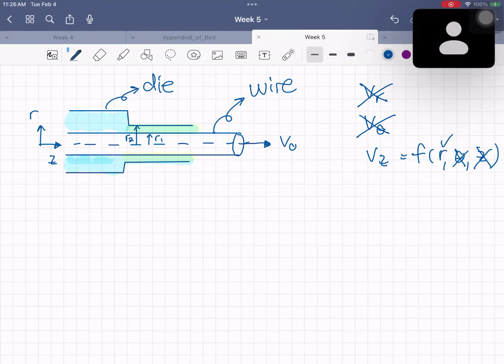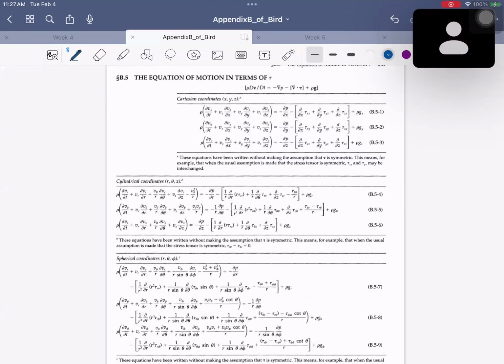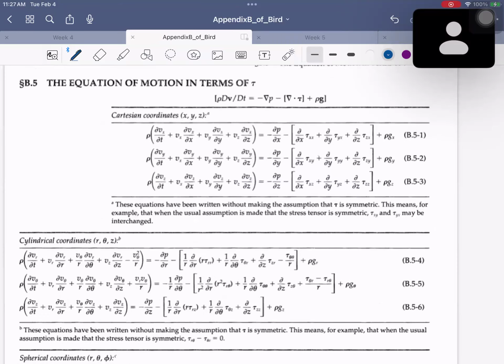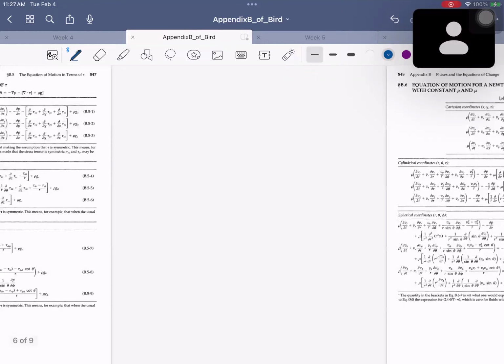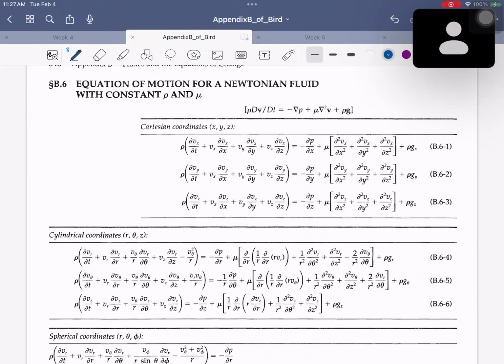Does anyone apply the Navier-Stokes equation, which is this equation right here, for this problem? As far as I've walked around and taken a look, I think most of you are applying this equation, which is true and applicable.